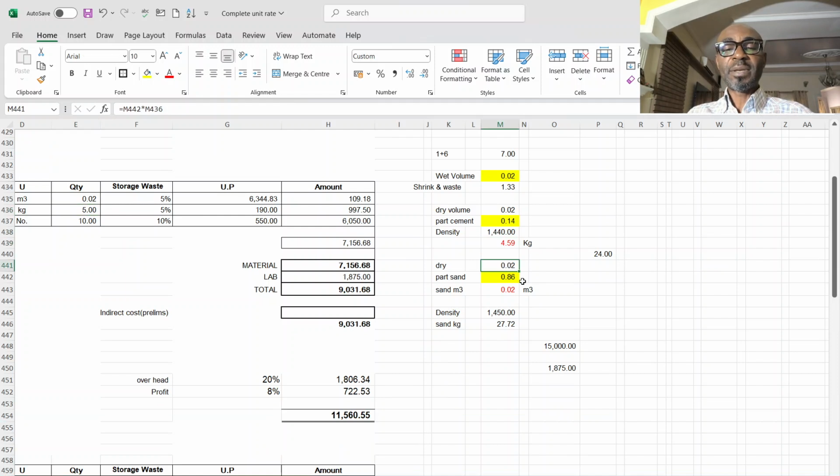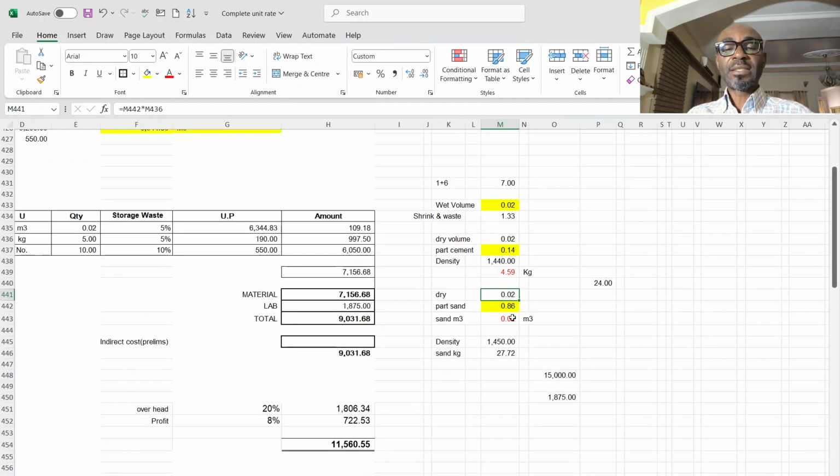Then for sand, I have 6 parts divided by 7, which gives me 0.86. 0.86 multiplied by my dry mortar gives me 0.02 cubic meter.